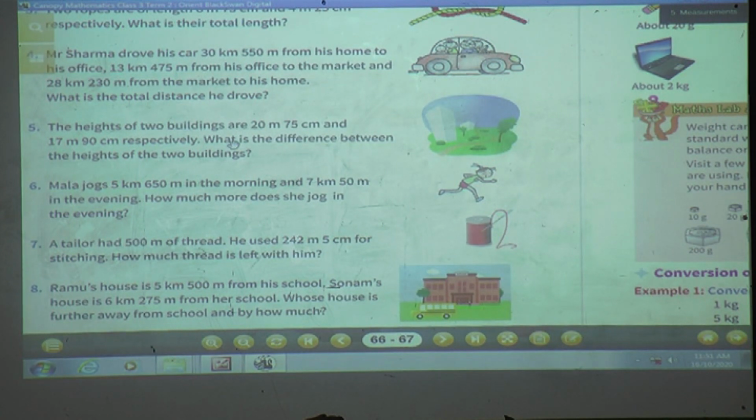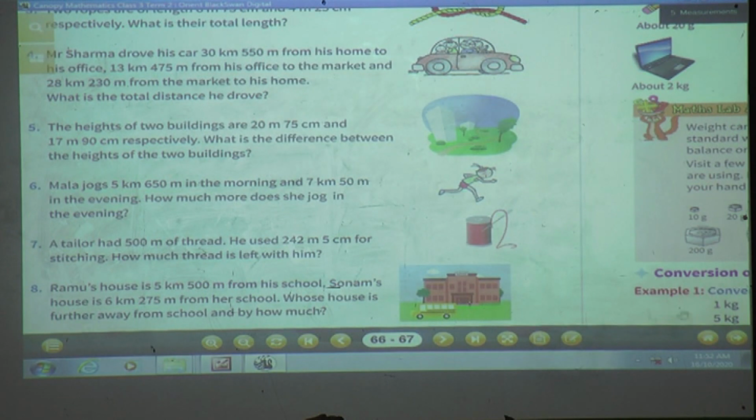See here. Here they have given us the heights of the buildings. There are two buildings, okay? And the height of the first building is 20 meter 75 centimeter and the height of the other building is 17 meter 90 centimeter.